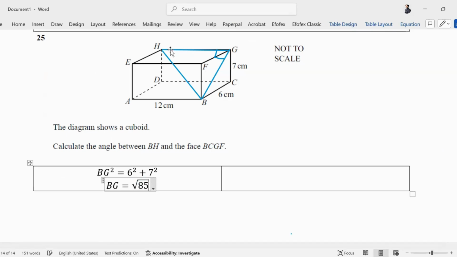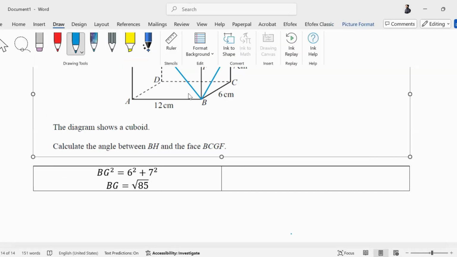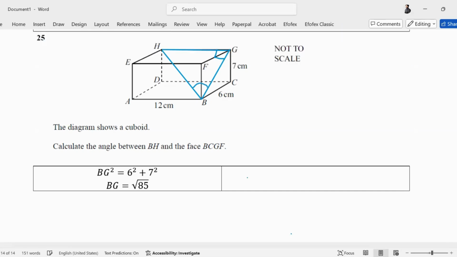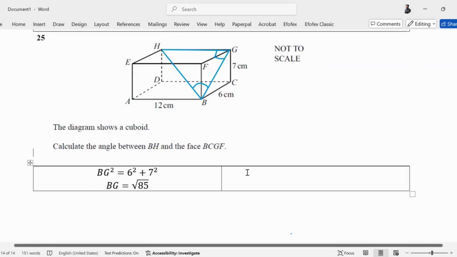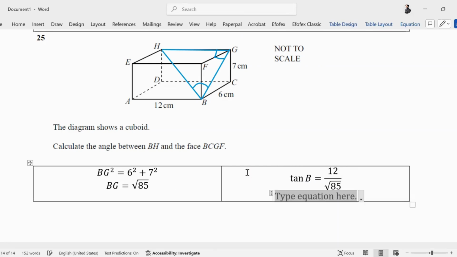Now I already know the value of HG, which is 12. I can simply use it in order to find this angle. Remember, the angle that I'm trying to find is this one, this B angle. So I can just use tan of B, opposite is 12 and adjacent is square root of 85.